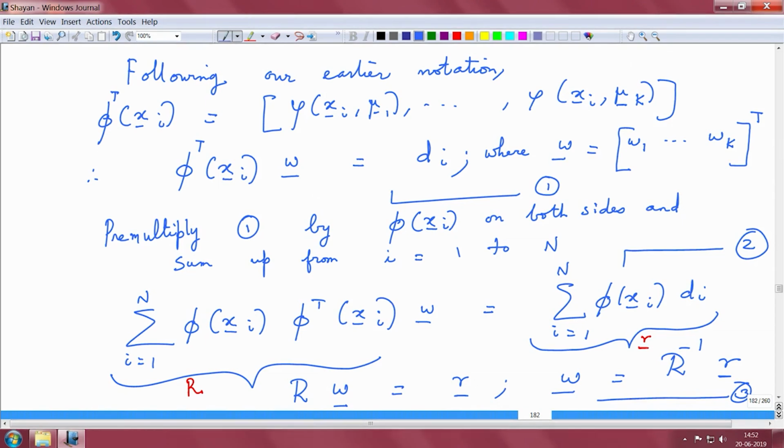This can be pretty hard if we have a large number of data points, and if capital N becomes quite large, then computing the inverse is going to be a hard problem. Or even the pseudo inverse, because if it is a rectangular matrix then still you will have to do something to get the pseudo inverse, and computing that also becomes pretty hard.